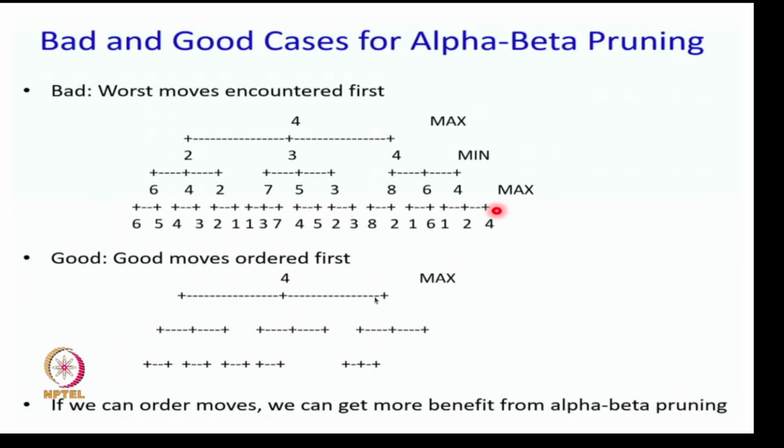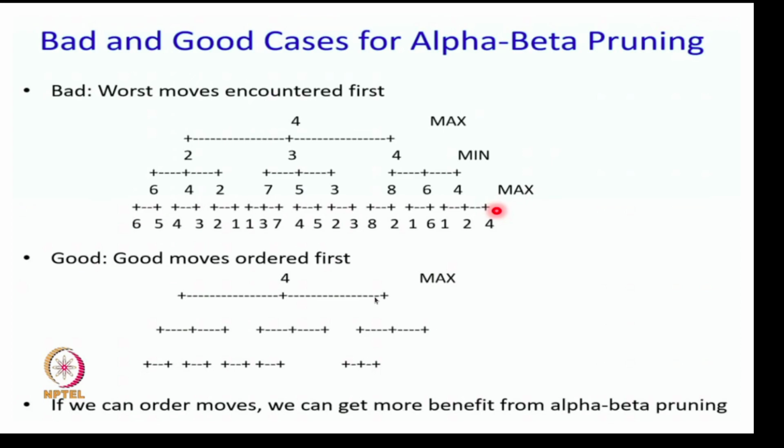If it is an ordered list, then you will have the idea: if you have 1, 4, 3 and you have 1, and on the right hand side, let's say you have 3, 2, 5, then you took 3, you are quite sure 1 is the minimum here, and the above node would be 1 if it goes upward, right? So this is the scenario where good moves, an ordered list, will work better for alpha beta pruning.